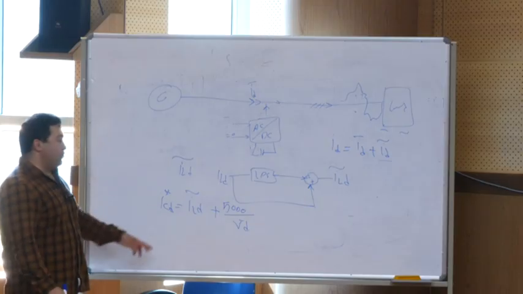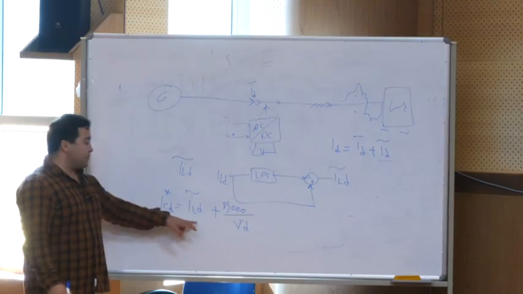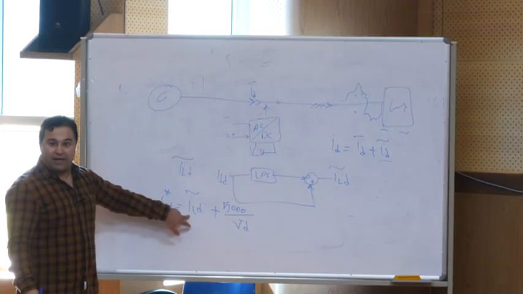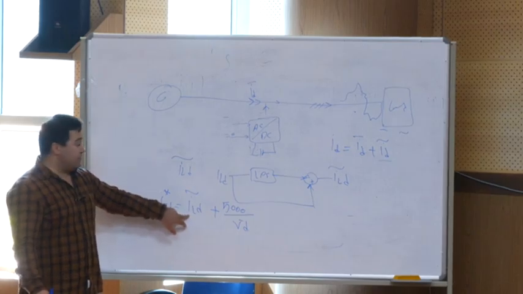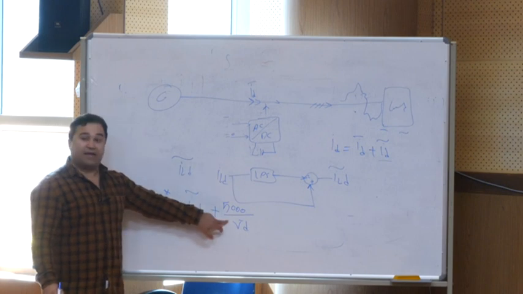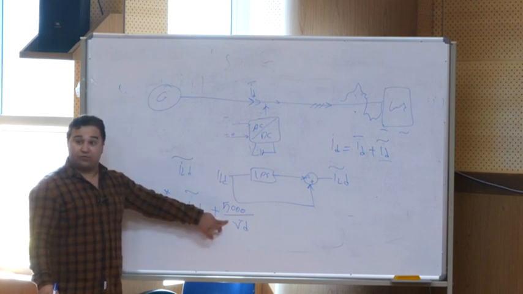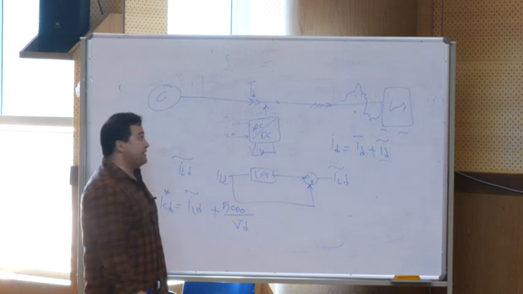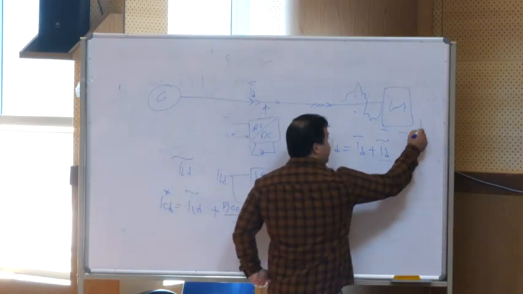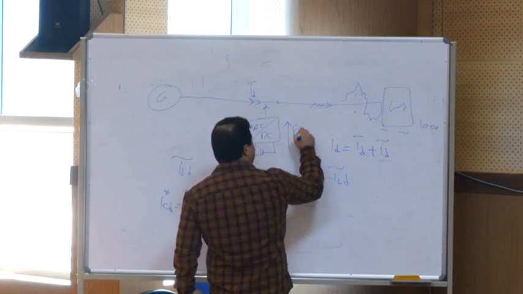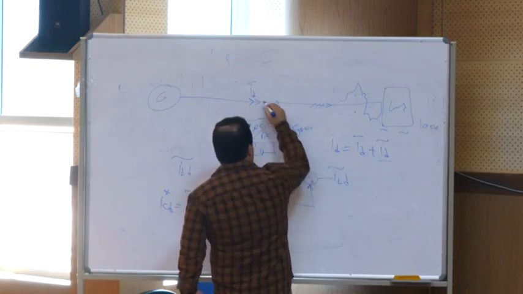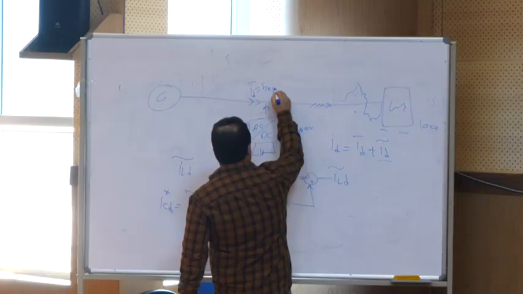Okay? So what it says is, compensate the active power in harmonic frequency plus active power in fundamental frequency. So assuming that the total is 10,000, it means that 5,000 is coming from here and 5,000 is coming from here.